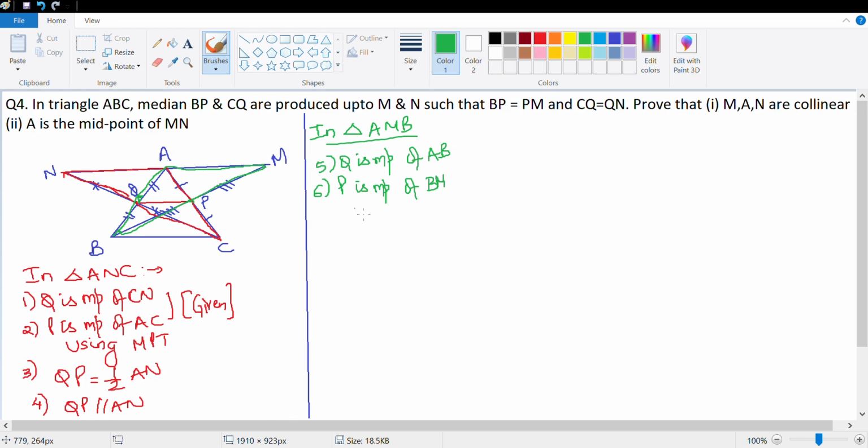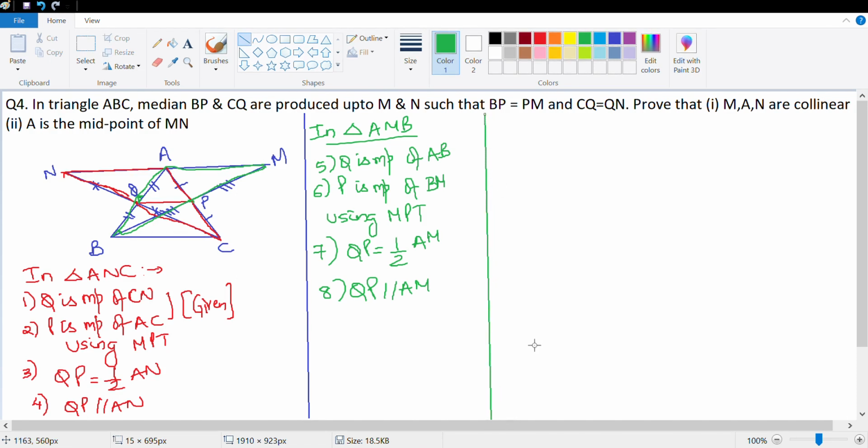Perfect. Using the midpoint theorem, number 7, QP is equal to half of AM, and number 8, QP is parallel to AM. Done. So I have got two things using the midpoint theorem. Let's see if this will help us prove anything.